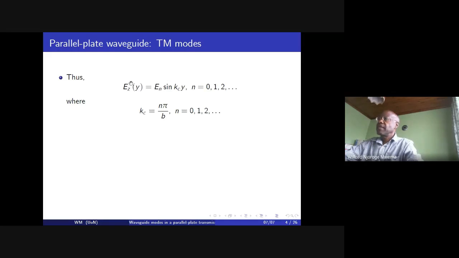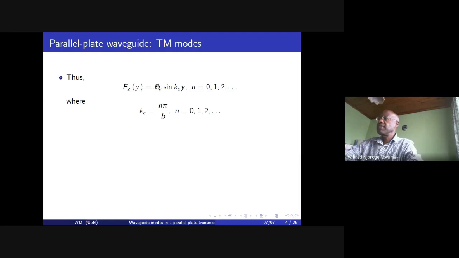This means, if you recall your physical electronics, that these are the same boundary conditions that we require the electron plane wave or the wave function to have at the infinite barriers. So kc will be given by the value n pi by b, and n is equal to 0, 1, 2, and so forth. So what are we saying by saying that n is equal to 0?